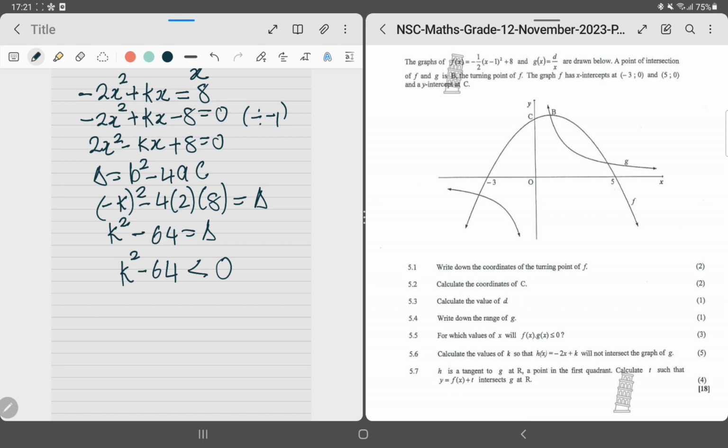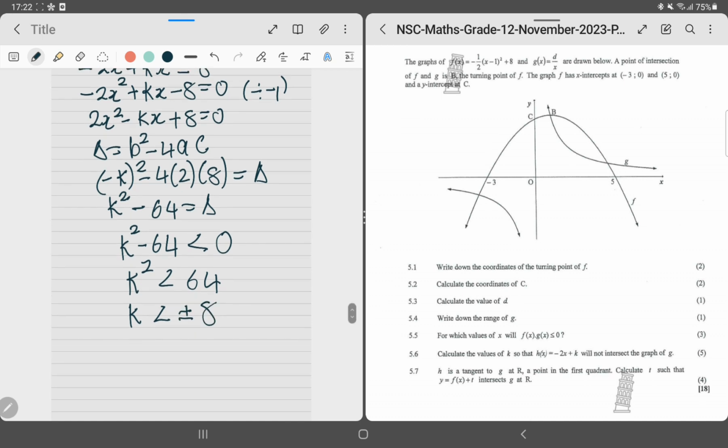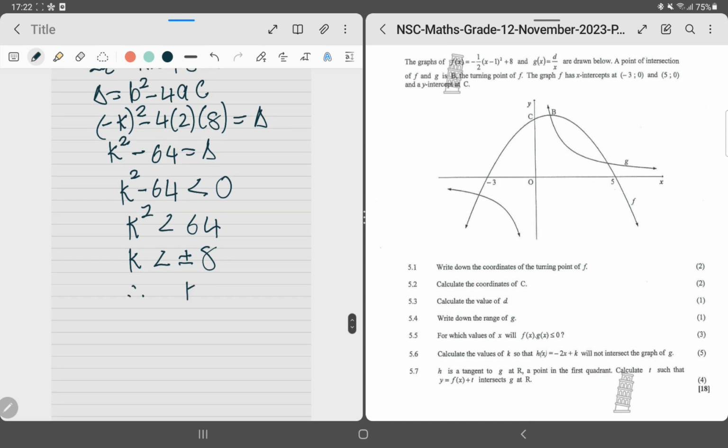So k must be between the two graphs. So this is k squared less than 64. Therefore, k should lie between 8 and negative 8.